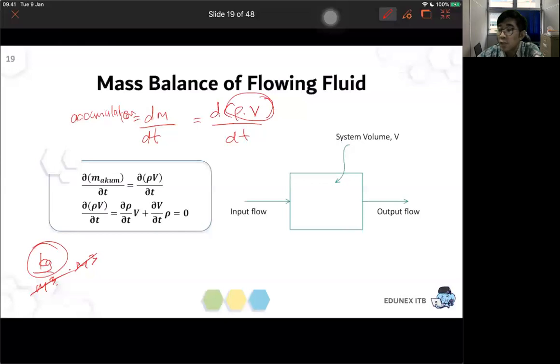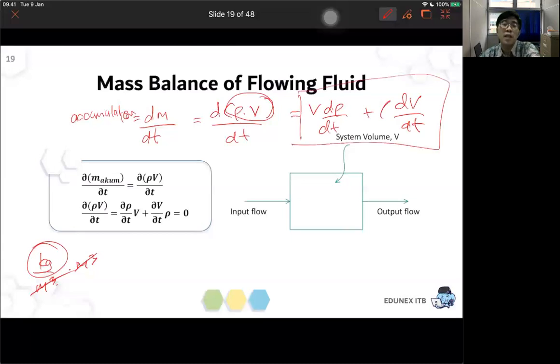So, it's from your calculus, right? You can expand this equation to become this one. This is the general equation for the accumulation rate if the fluid is considered compressible. Compressible means the density is changed. If there is no accumulation, it will equal 0.